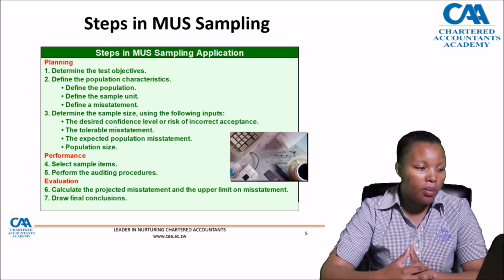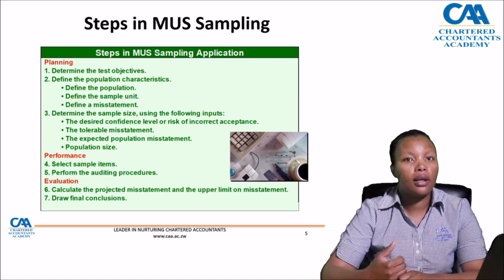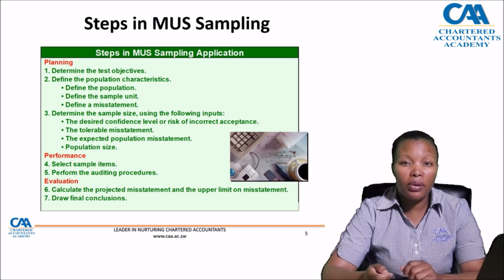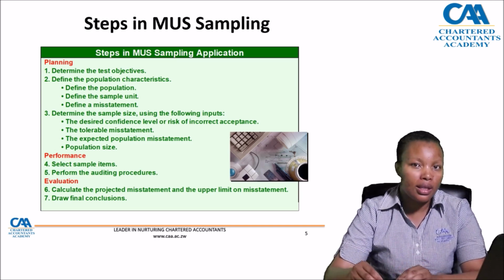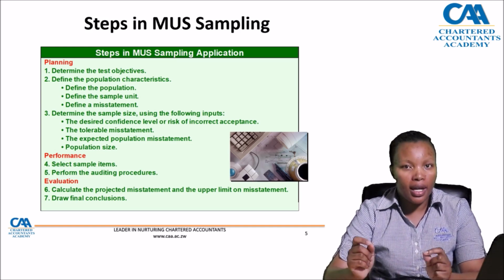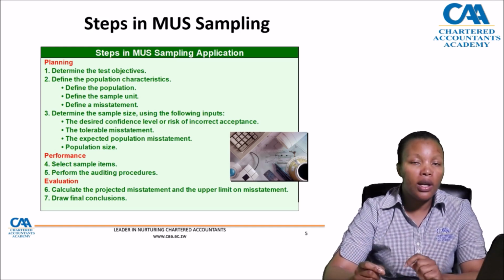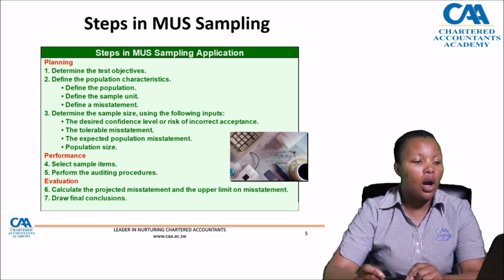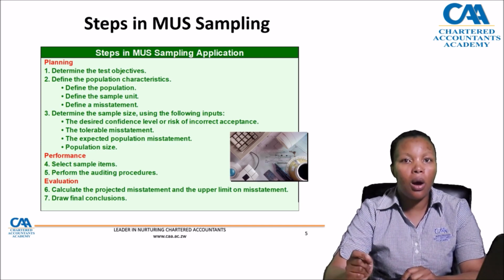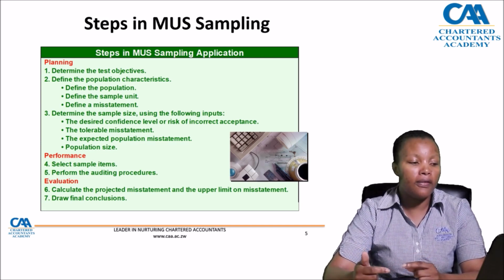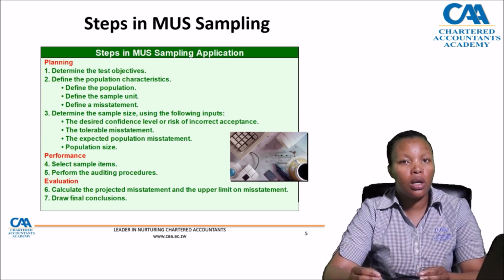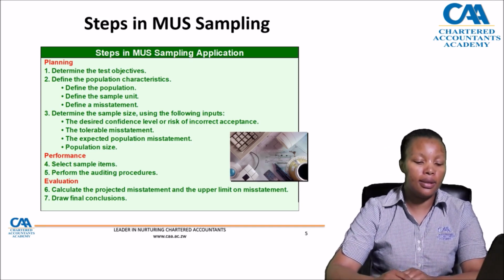In terms of performing, we select the sample items, and after we've selected them, we perform our auditing procedures on the selected sample items. After that, we have to evaluate. In evaluating, we calculate the projected misstatements and the upper limit on misstatements. And finally, we draw our conclusions on whether our population is misstated.